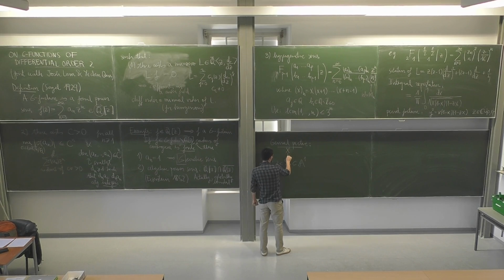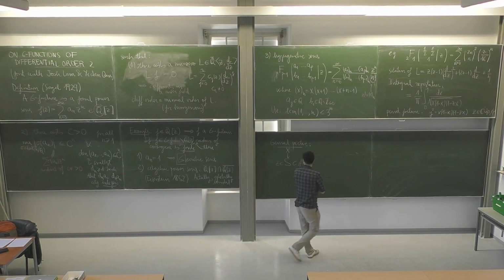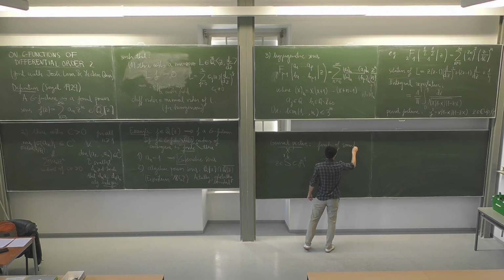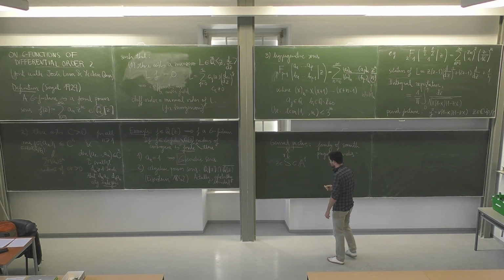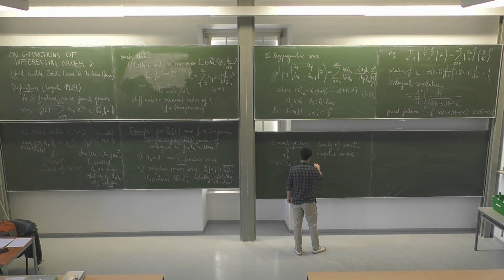And we consider a family of smooth projective varieties over S, with map pi. And then associated to this family, there is the Gauss-Manin connection.